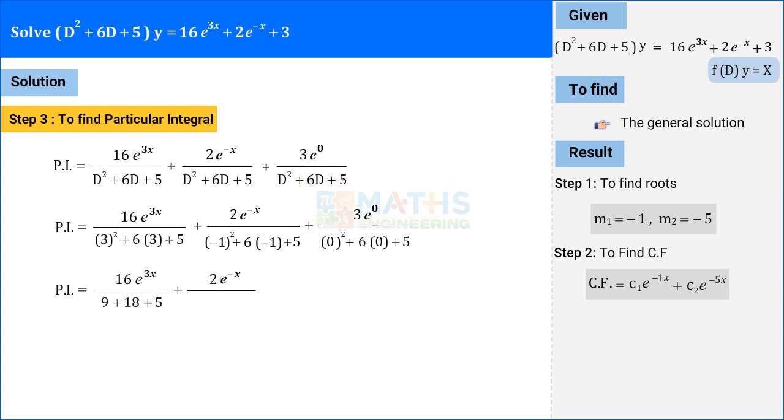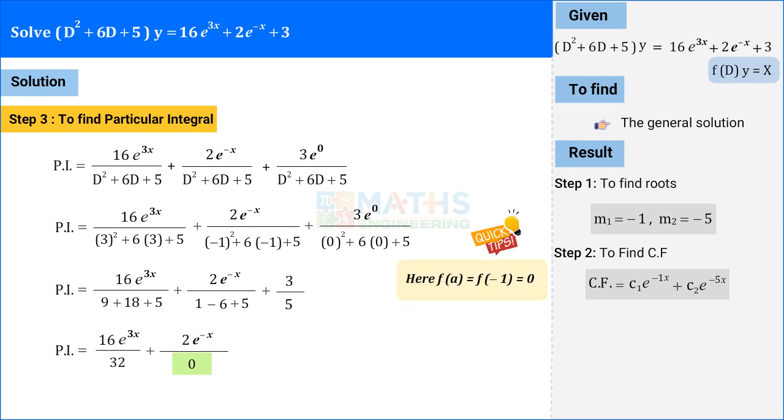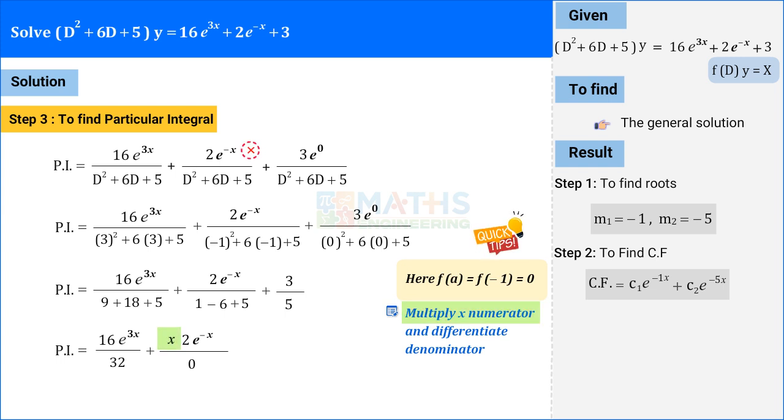First term becomes 16 e power 3x divided by 32. In the second term, our denominator becomes 0. So for this, what shall we do? We multiply x in the numerator. So we get 1x in the numerator. Differentiate the denominator with respect to D. So that D square becomes 2D, 6D becomes 6, 5 becomes 0.